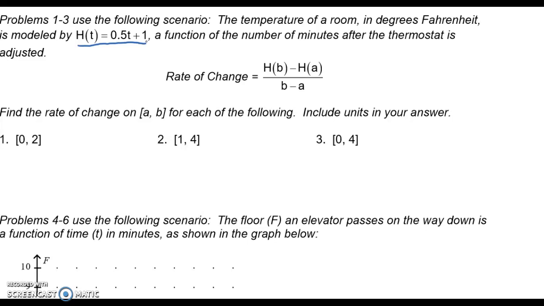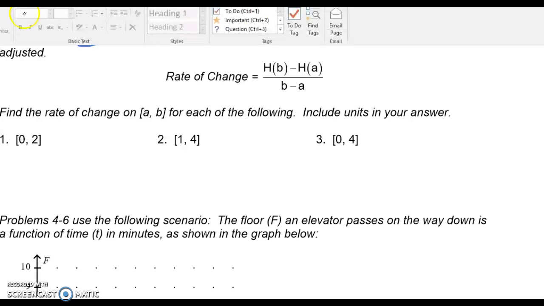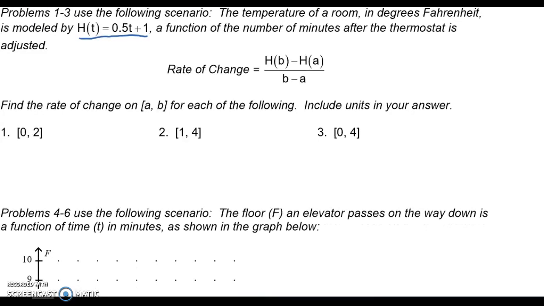First things first, I do want to label some key pieces of information here. So for instance, I want to label that this here is my output of the function, and that t is my input of the function. Okay, so the output, the temperature of the room, is going to directly depend on the number of minutes after the thermostat was adjusted.